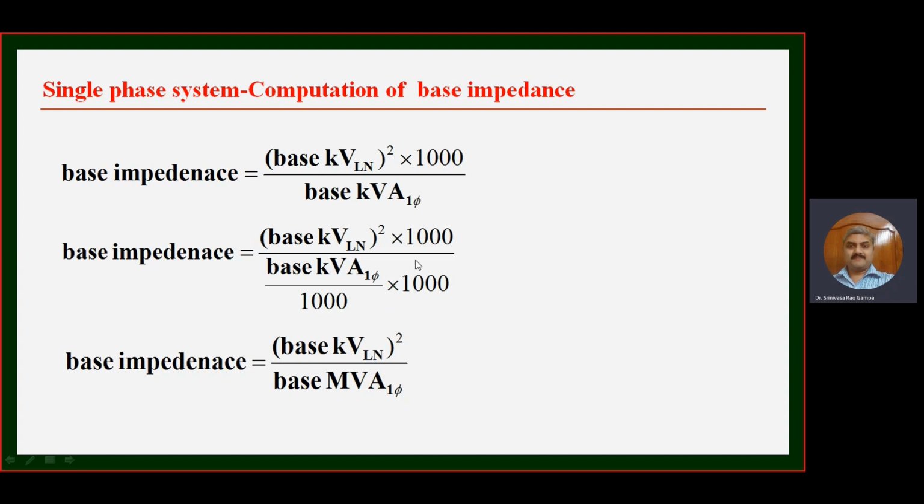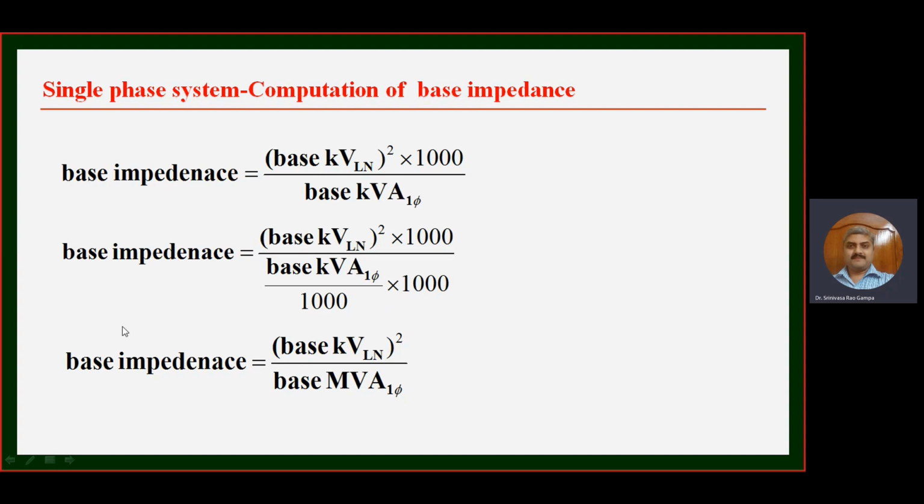And again, here base kVA we divide by 1000 and multiply with 1000 here. So this 1000 and this 1000 get cancelled, and we will finally get base kVLN whole square. And since base kVA by 1000 is base MVA, the base impedance is equal to base kVLN whole square by base MVA.